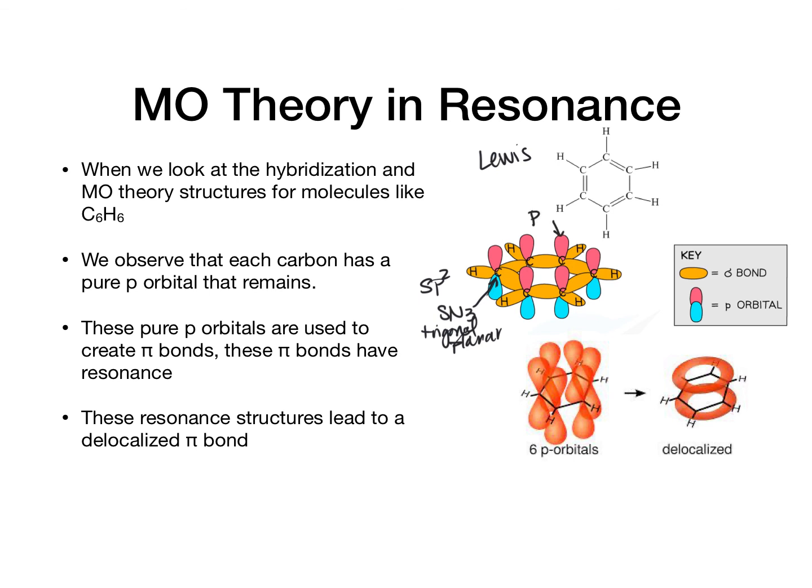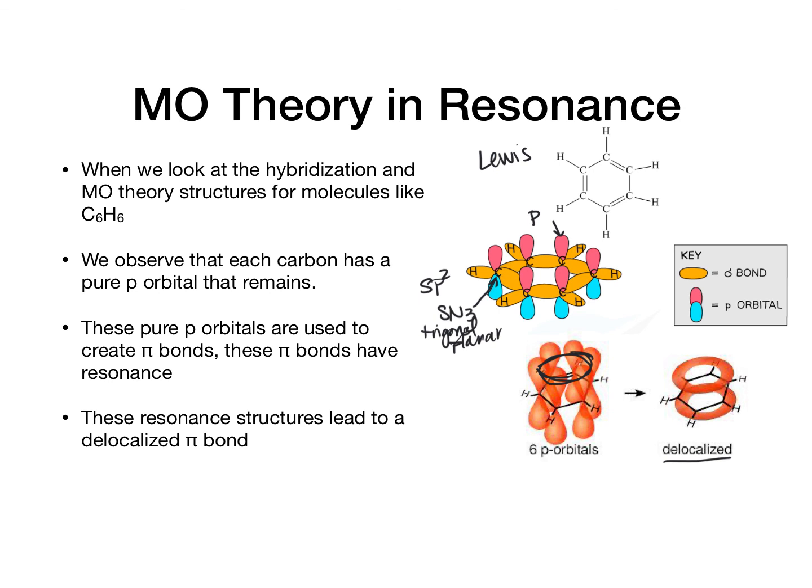When we think about these, for each carbon, it has a single p orbital. So now there are 6 concentric p orbitals. These 6 p orbitals can actually create this delocalized, meaning fully spread out, delocalized pi bond.